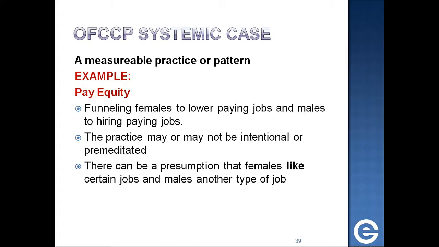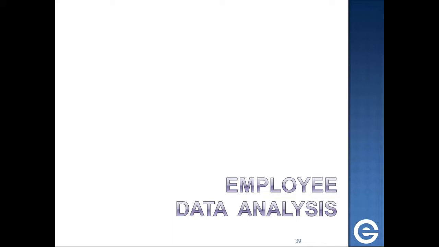So females usually don't like dirty jobs where they get dirty and they're in the machine area and they are getting their hands dirty. Is that a presumption? So I see all kinds of manufacturing companies with lots of females working what we call dirty jobs, and they're very happy with their jobs. So it is a presumption that females like certain jobs and males like other types of jobs.